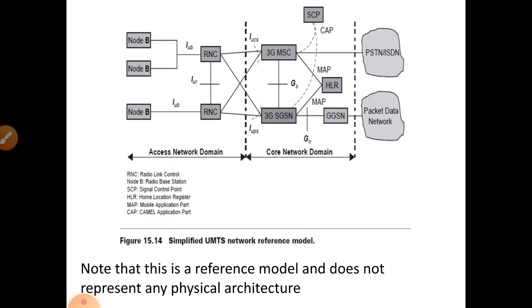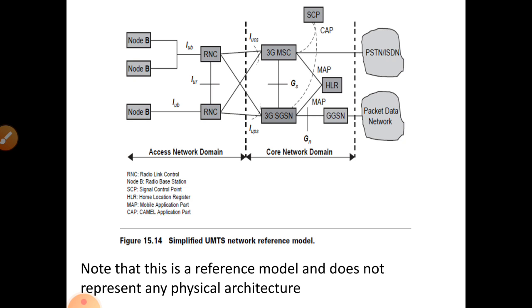So in this case, in the diagram we have split out into various conditions, that is access network domain and core network domain. For access network domain we are going for the radio link control, or nothing but the radio network components along with nodes.